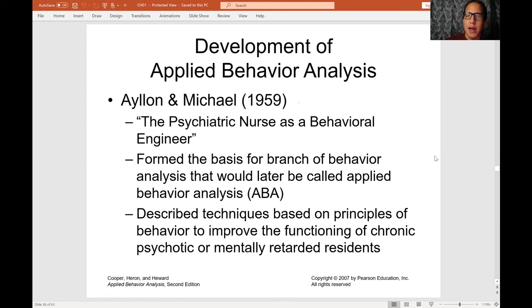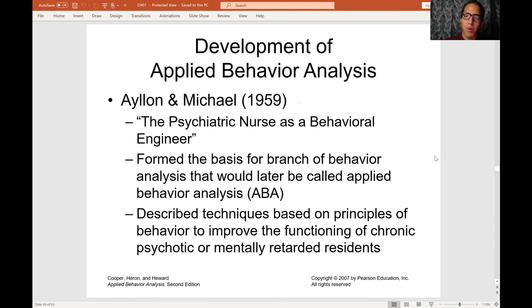Then Ayllon and Michael in 1959, they named the paper the psychiatric nurse as a behavior engineer. They formed the basis for a branch of behavior analysis that would later be called applied behavior analysis, by teaching nurses to use the principles of behavior to improve the functioning of chronic psychotic or mentally retarded residents in a center.